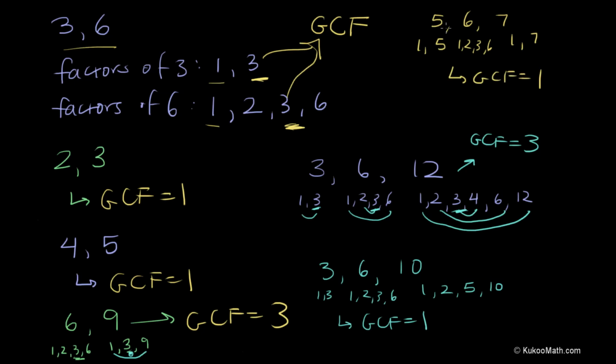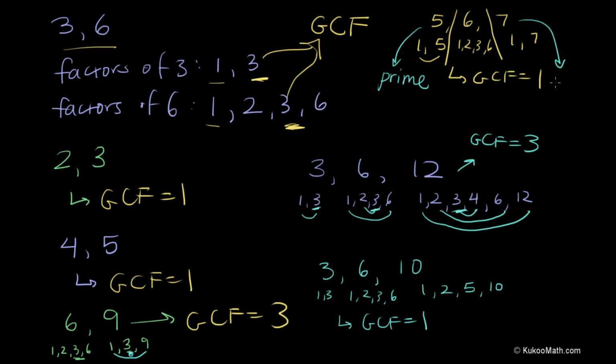If you notice numbers like 5 and 7, do you see how they only have 2 factors? It's 1 and itself. And we said before that every number is going to have both 1 and itself as a factor. But numbers that only have the factors of 1 and itself are special numbers. We call numbers like 5 and 7 prime.